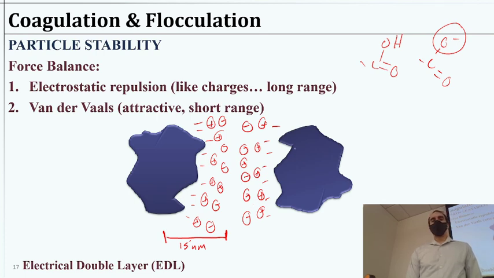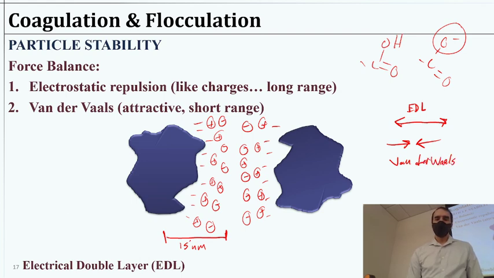And so if we can overcome the repulsive force of that electrical double layer so that we can make use of the attractive forces of the van der Waals, then we can cause the particles to stick together.